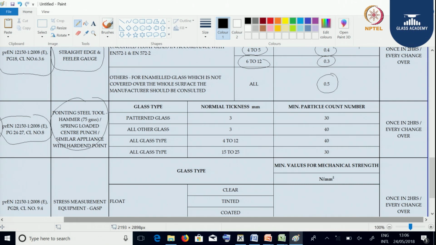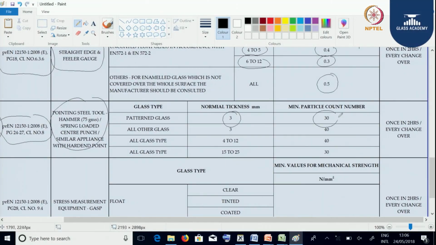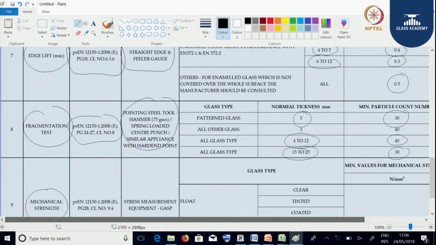Based on the minimum particle count we will say whether it is a heat strengthened glass or a toughened glass. For a 3 mm thickness glass, the minimum particle count should be 30. For 4 to 12 mm, the minimum particle count shall be 40. And for 15 to 25 mm, the minimum particle count shall be 30. And the frequency of testing will be every 2 hours or whenever there is a changeover.